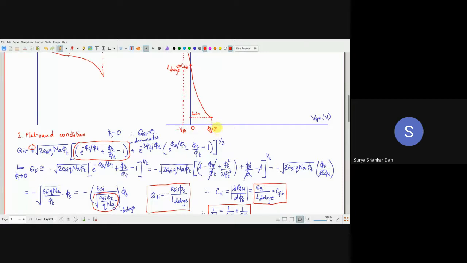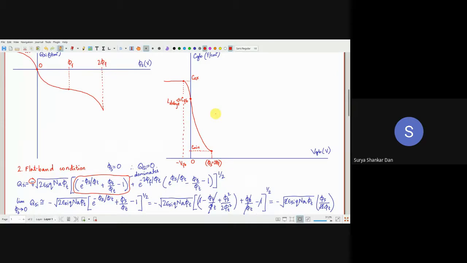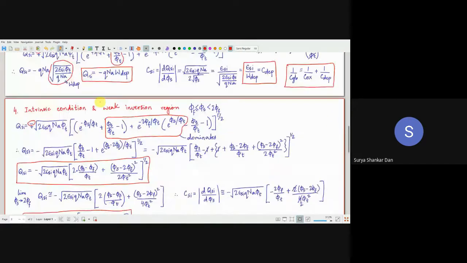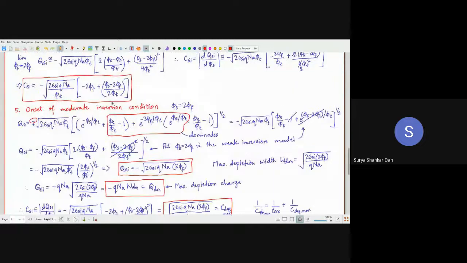Although I'm writing it here for a reason, remember this is the VGB axis. So writing it here is technically not correct, but still let me put it in a bracket. That means this is what is happening internally in the surface potential part. So that is basically the onset of moderate inversion.